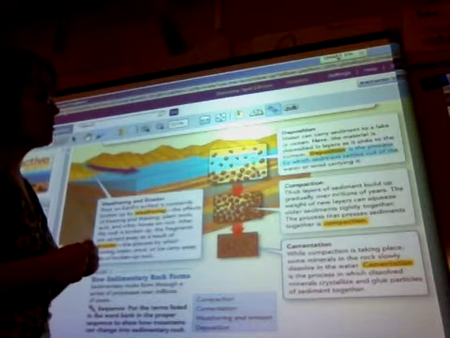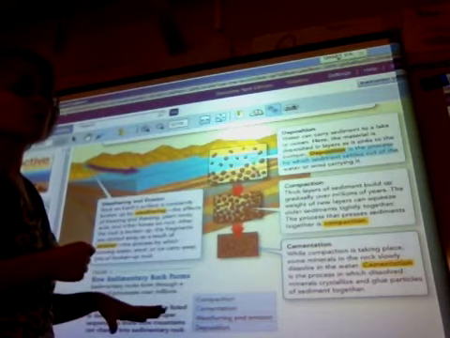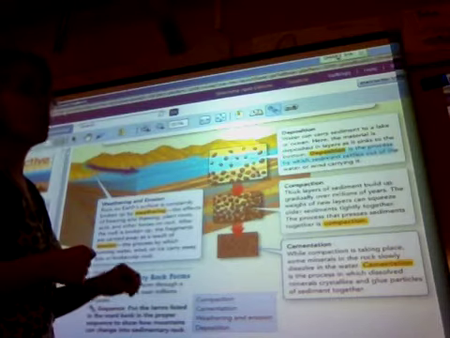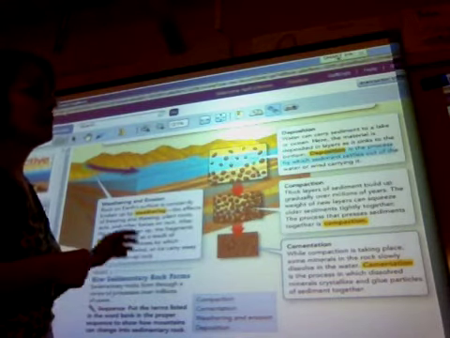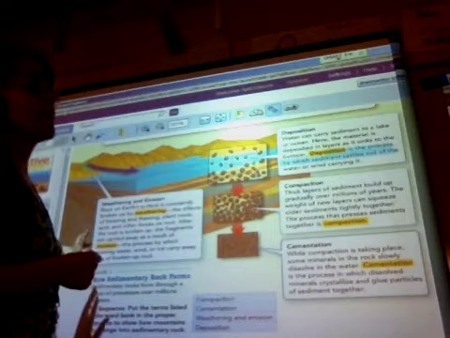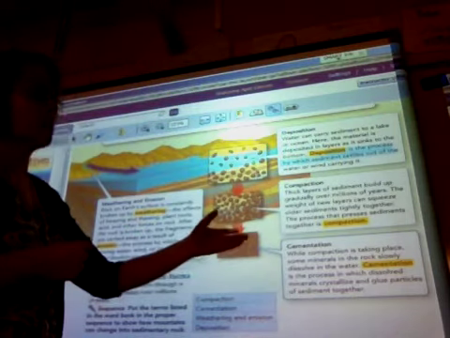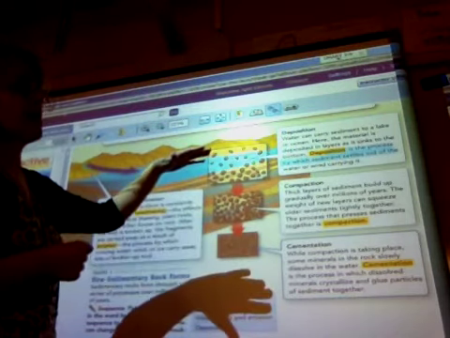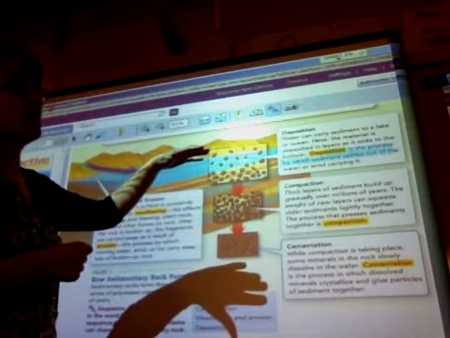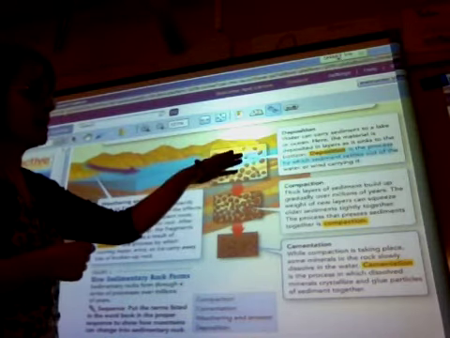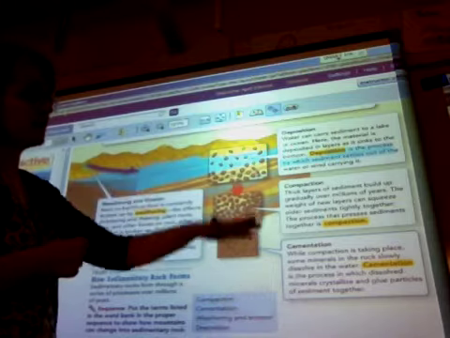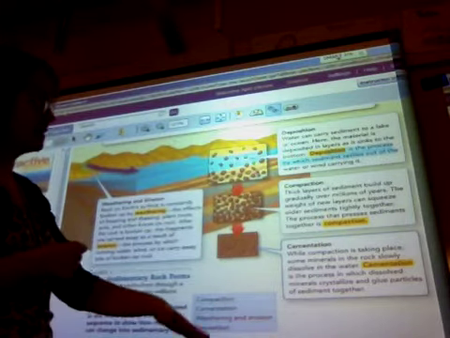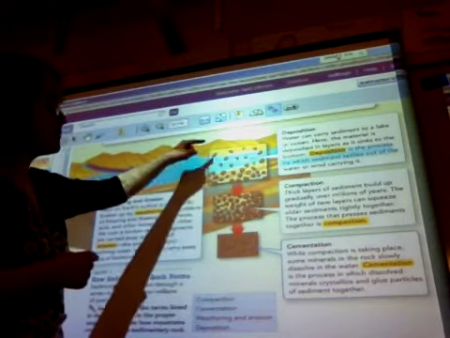Deposition is the process where sediment settles out of water or wind carrying it. In erosion, the water and wind actually carry the sediment. In deposition, the water and wind is carrying the particles, but the particles are settling out or being deposited. So here are the particles falling out.